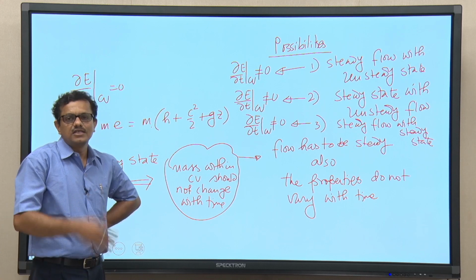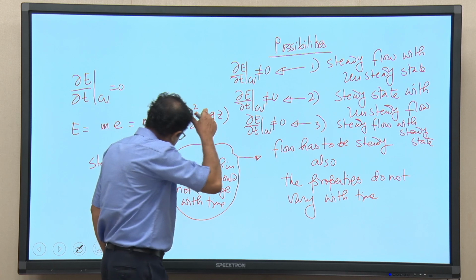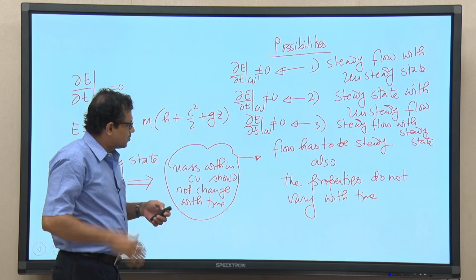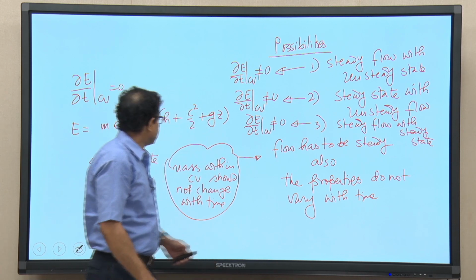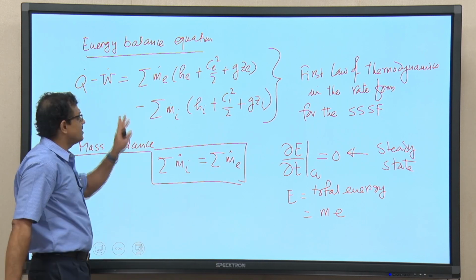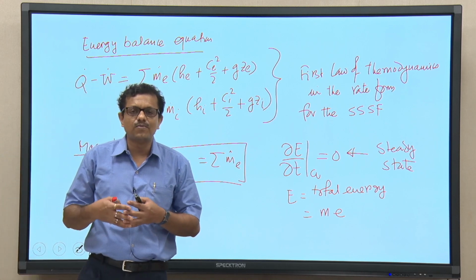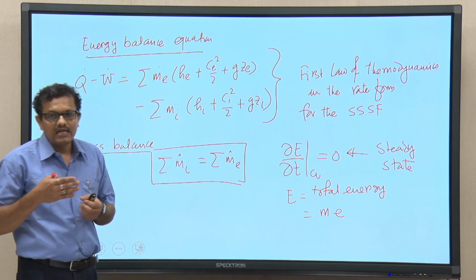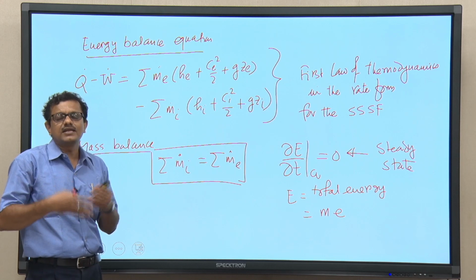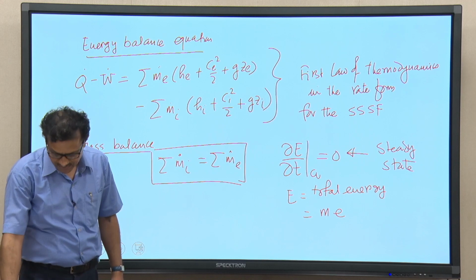So, these are the critical parts. You should remember that this is the mass balance equation, this is the energy balance equation, and for steady state steady flow processes, the energy balance is not a balance in an isolated manner, but it has to be coupled with the mass balance equation.